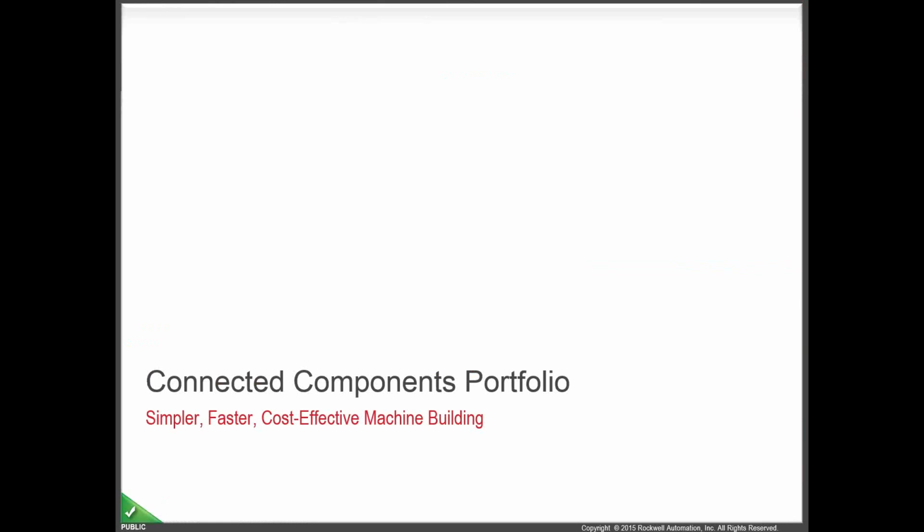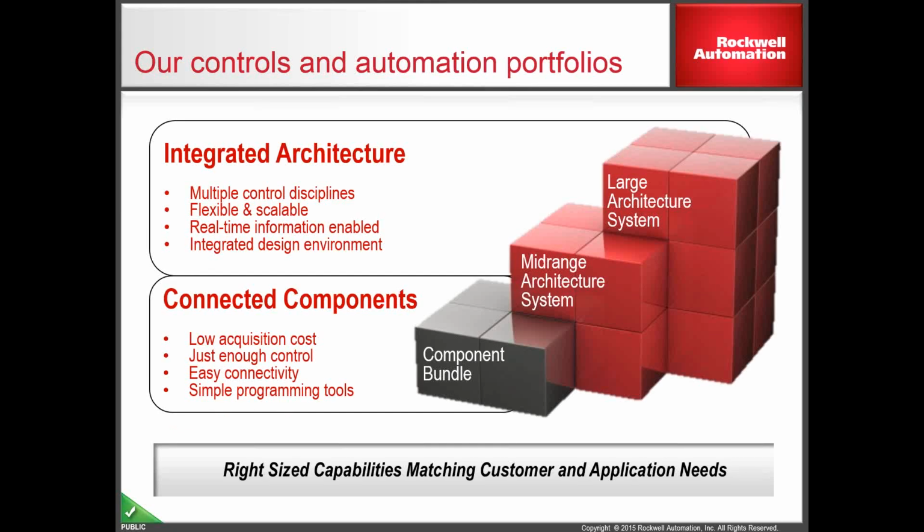So now I will just switch the topic. Getting into the complete Connected Components portfolio which we have, and how the Connected Components portfolio can help with simpler, faster, and cost-effective machine building for the OEMs. Essentially, we classified our offerings in Rockwell Automation into 3 categories.